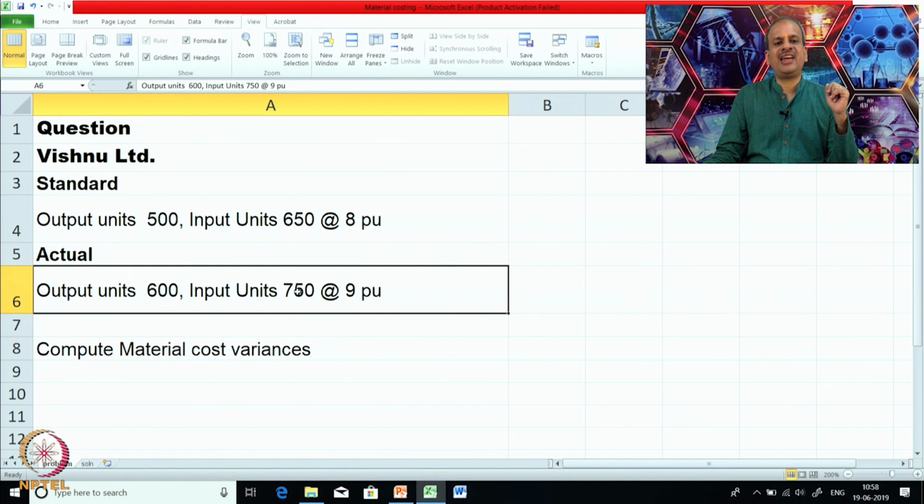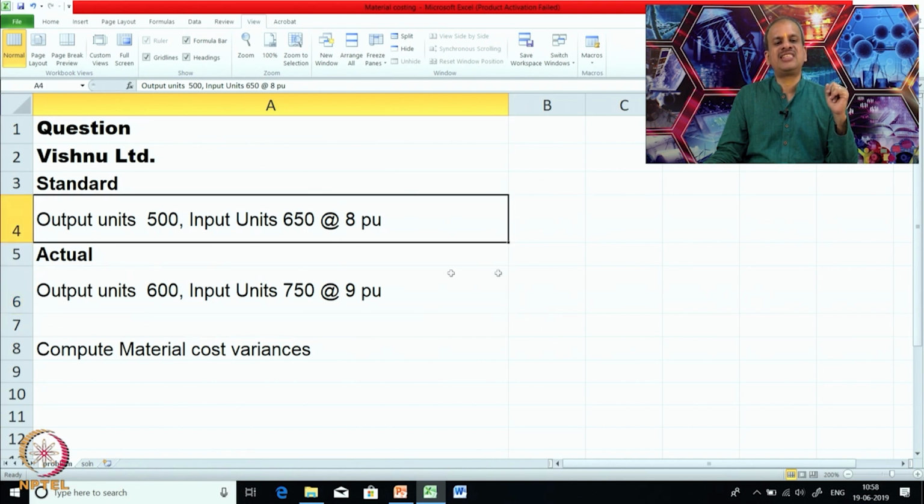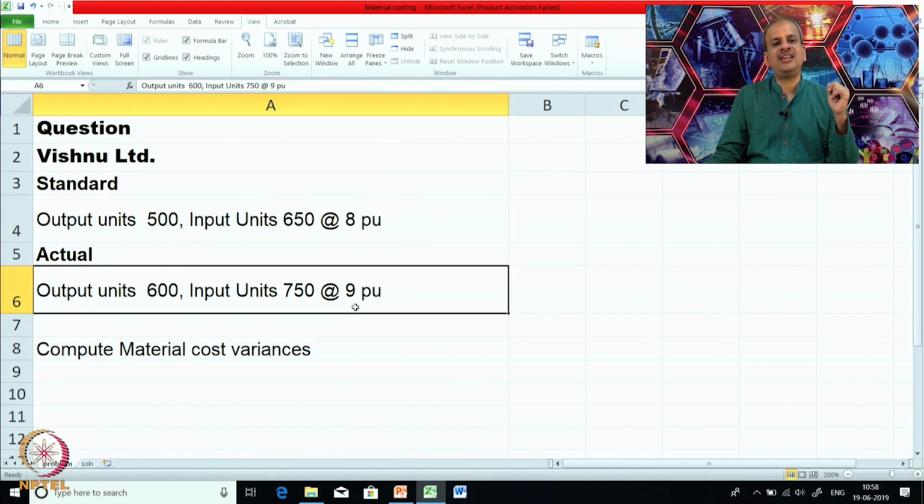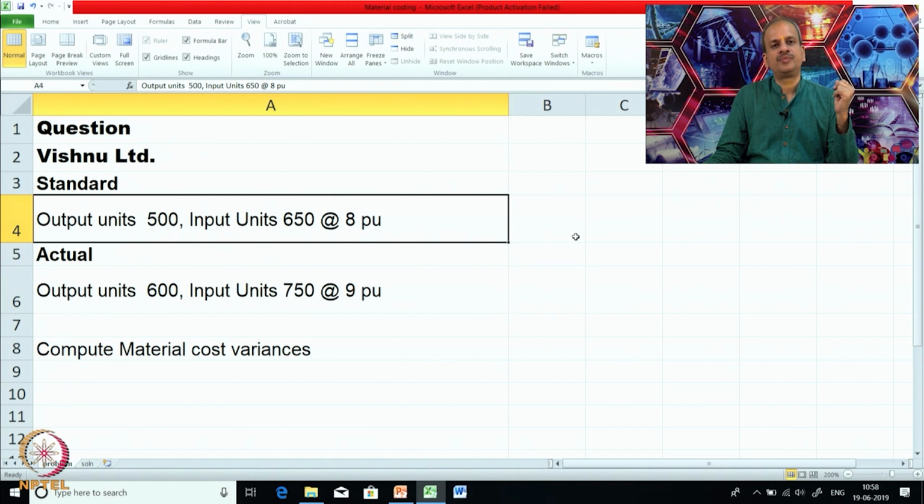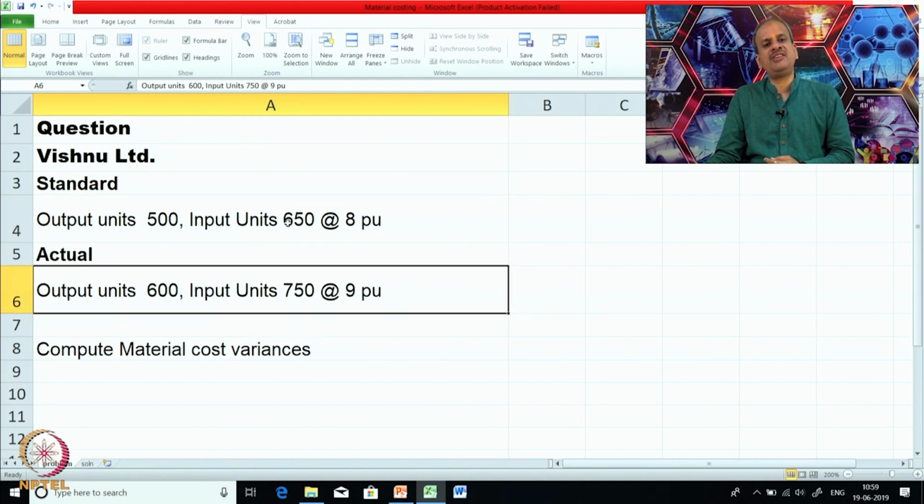Now, can we directly compare 750 with 650 and 9 with 8? This is a bit confusing. You can compare 9 with 8 because 9 is an actual price and 8 is a standard price. So, you know that it is a difference of 1 rupee. But can you compare 750 with 650?